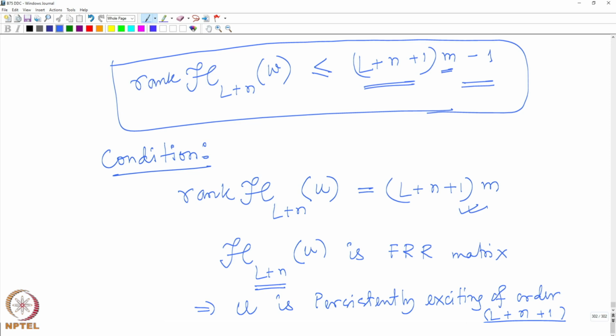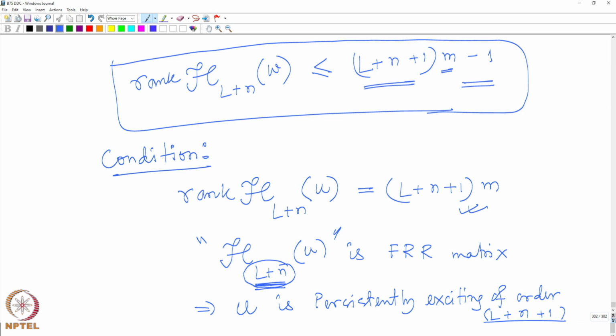If H_{L+N}(U) is a full row rank matrix, any signal, any finite time series, if you create a Hankel matrix out of it, of whatever order, and that Hankel matrix is full row rank, you call that signal persistently exciting of order exactly equal to the number of blocks, which is this order plus 1.